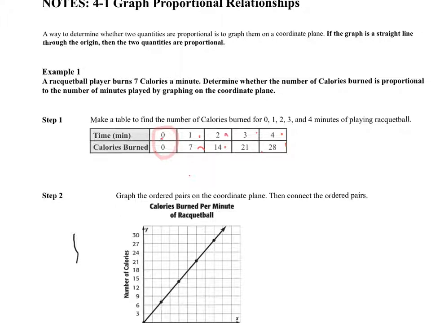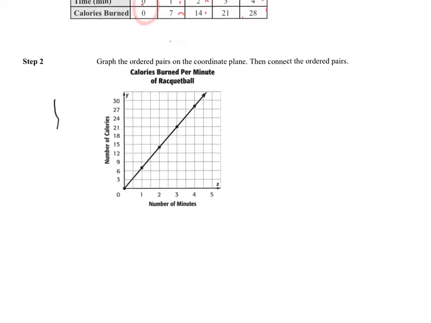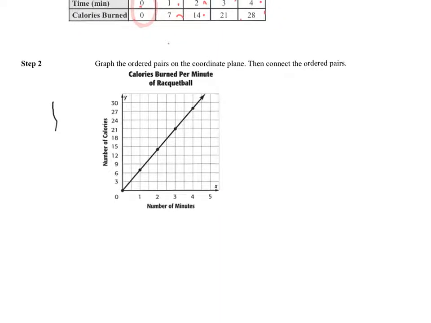So, graph the ordered pairs on the coordinate plane, then connect the ordered pairs. They have graphed it on this coordinate plane. At 0 minutes, it's 0 calories. At 1 minute, it's 7 calories.